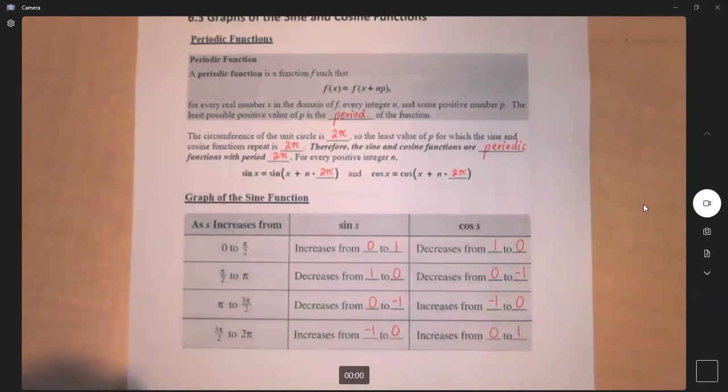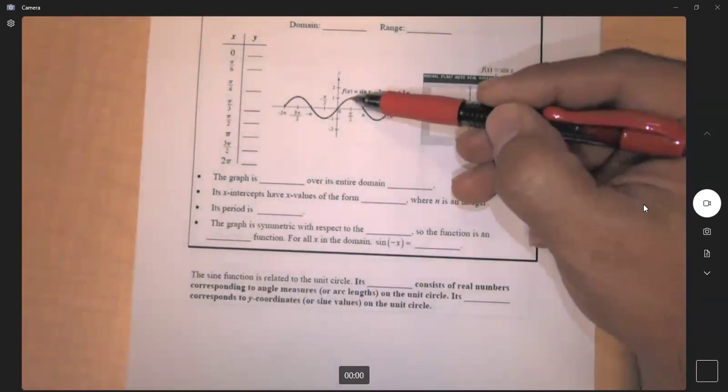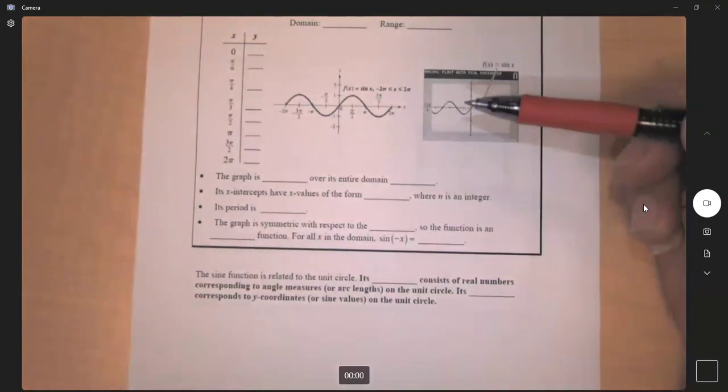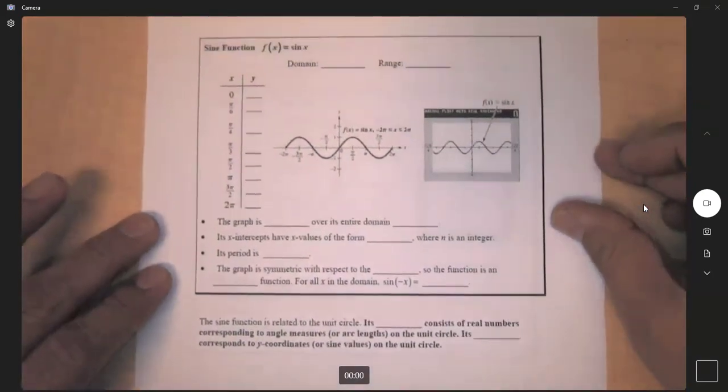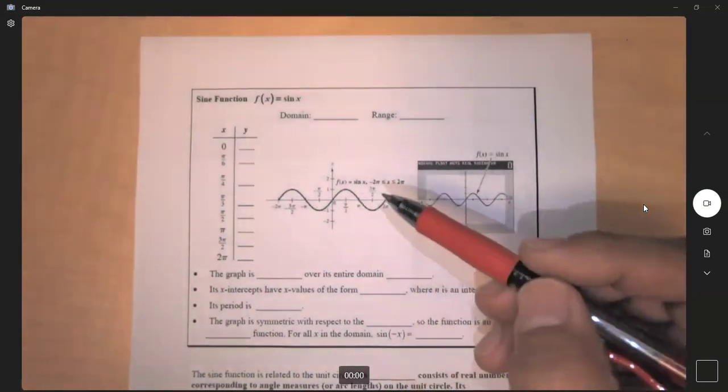Okay, let's look now at one of the graphs here, the graph of sine. As you can see here, it does alternate between -1 and 1, so a max of 1 and a min of -1, and it has a period of 2 pi.